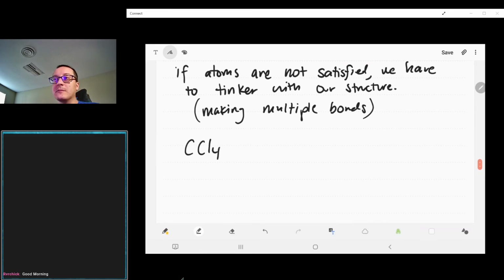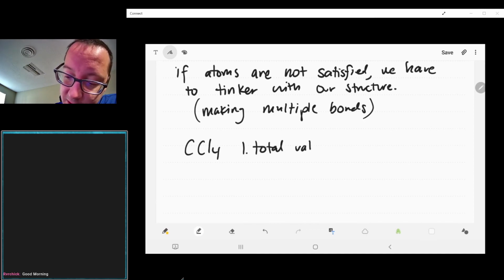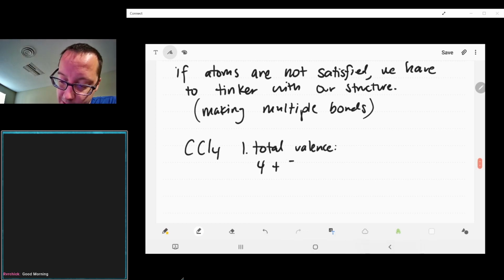Let's do this one. So let's go ahead and work through all the steps. We're going to do this step by step for a number of examples today, because again, practice is going to be our best way to do this. So your total valence electrons is the first thing we want to do. That's going to be 4 from carbon plus 7 for each chlorine.